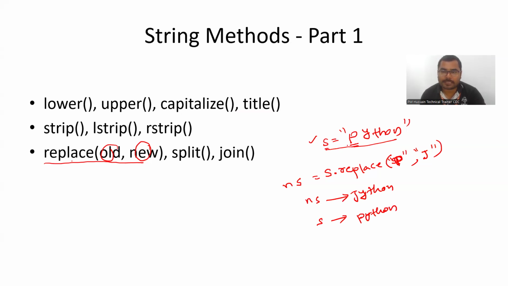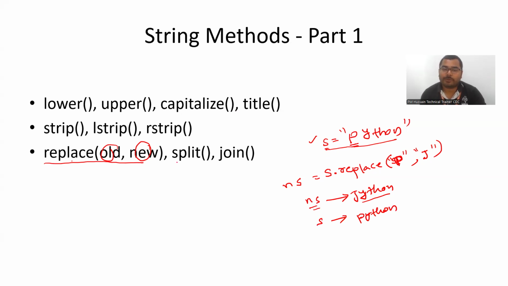Instead of modifying the same string, this replace method will create a new string with P replaced with J. So after modification, you will get Jython, and this Jython is a new string, not the original string. In s it will not be saved. In s we have the original string only, which is Python, and the new string Jython you can store in another variable ns here.